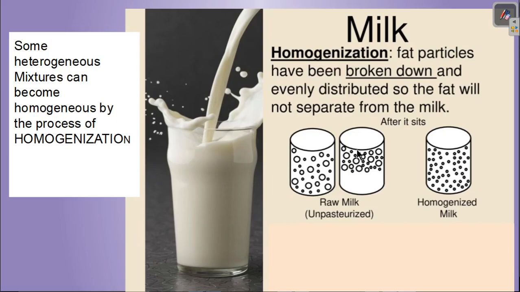So you have cereal and Italian dressing as examples of heterogeneous mixtures. Other examples of homogeneous mixtures, you have Coca-Cola and salt water. So you need to be able to define the difference between heterogeneous and homogeneous mixtures, define what a mixture is, and give me examples of all of them.